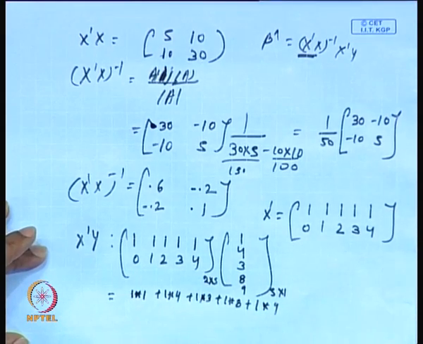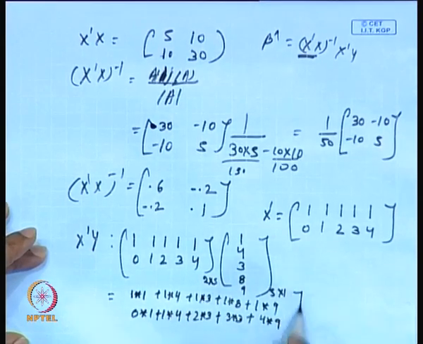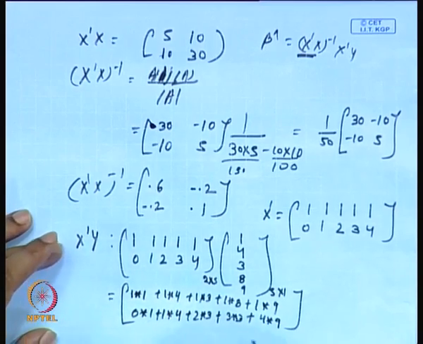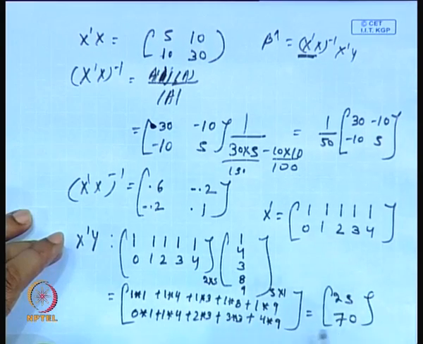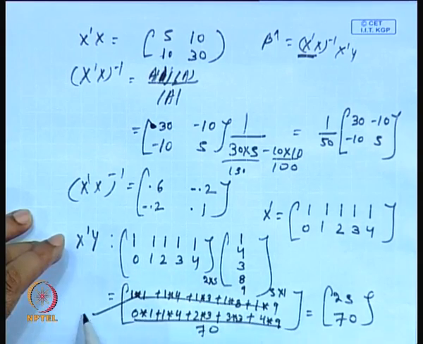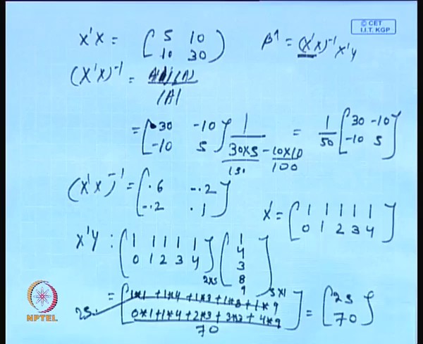The second row is 0 into 1 plus 1 into 4 plus 2 into 3 plus 3 into 8 plus 4 into 9. If you simplify, the first sum is 25 and the second sum is 70.